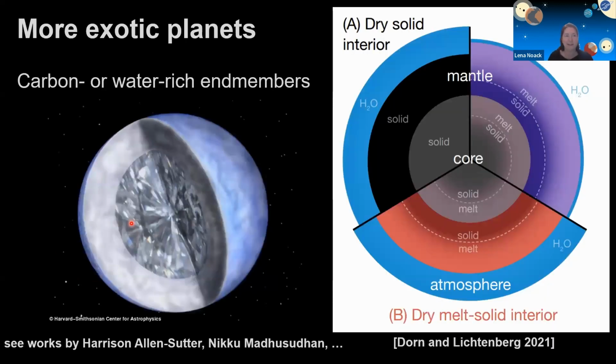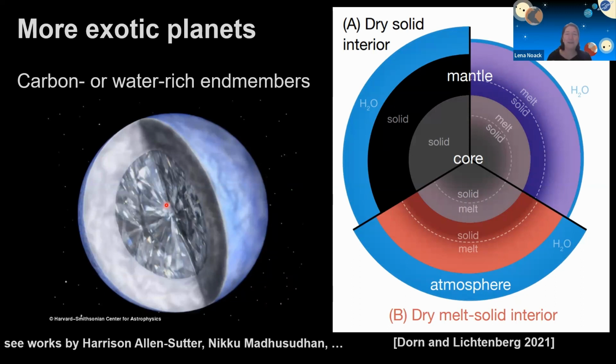In principle, we can have more exotic planets. There have been studies predicting that we might even have carbon-rich end members. So you may have seen these nice illustrations of diamond planets out there. Now, this is not how they would look, but you can sell it better if you have these nice diamond pictures.